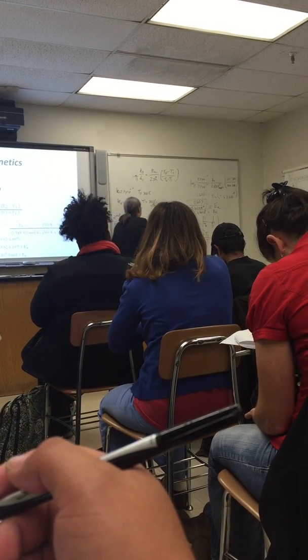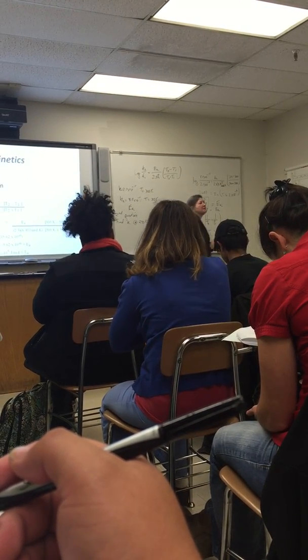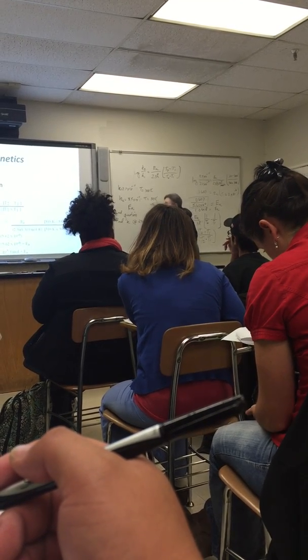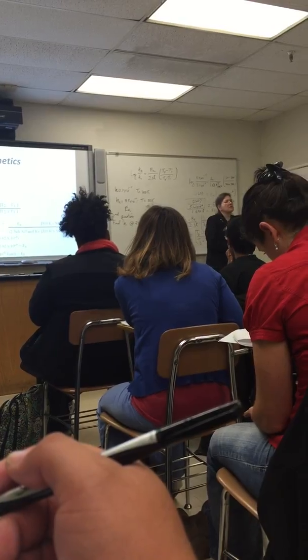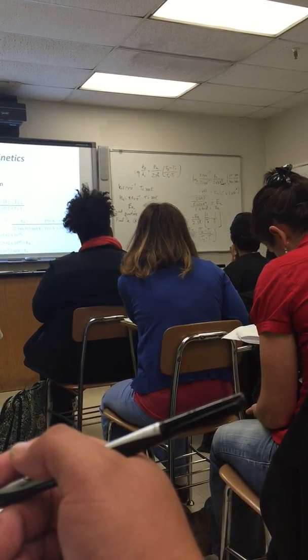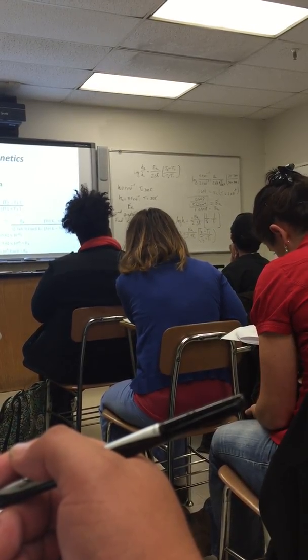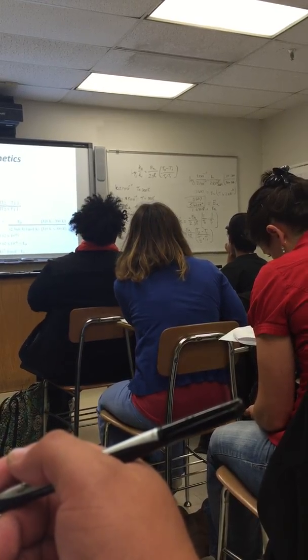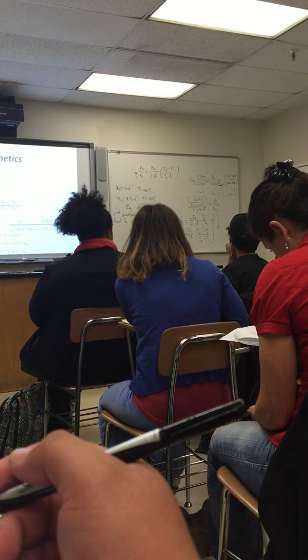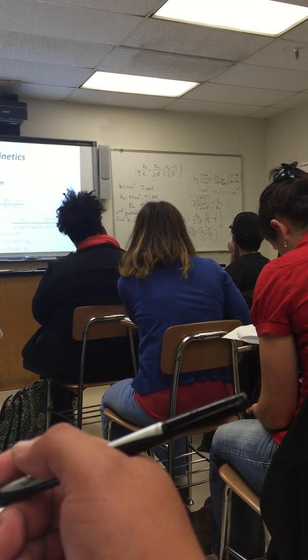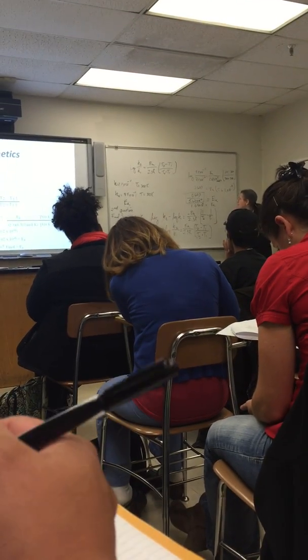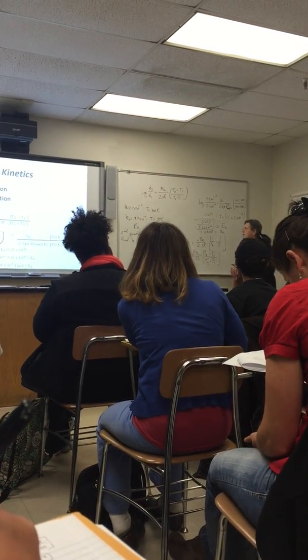I want to find a new specific rate constant, at 290 Kelvin. Your option is to pick either of the two that you already know, because you know it at 300 and you know it at 310. But now you want to find out what the constant is at 290. But being a brilliant chemist, you know the energy of activation at this point.